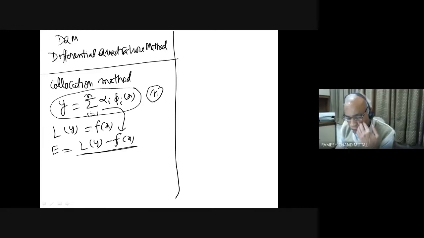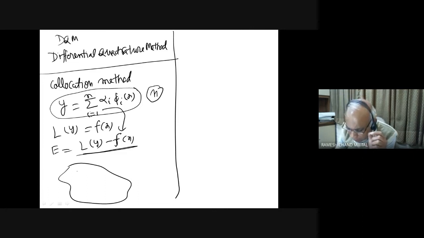So one thing is that the simplest is collocation. What it does is select n points in the domain, in some way; there are different strategies. And you put the error at these points, which could be a single value or a vector depending on xi, equal to 0.